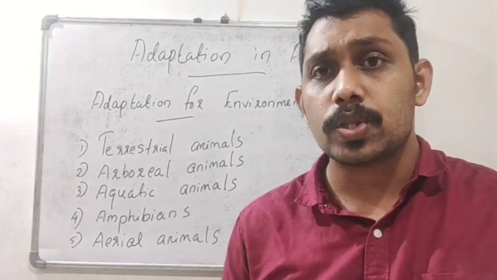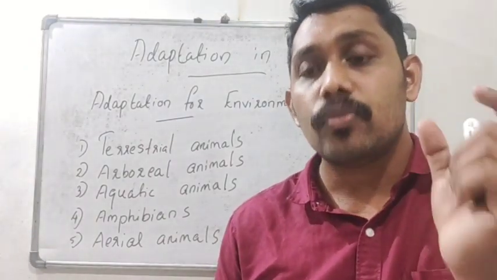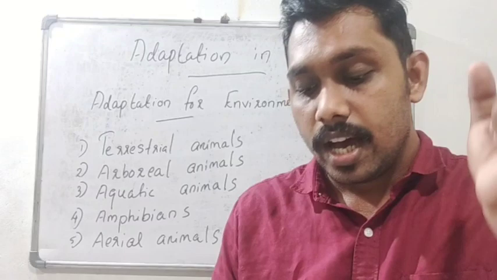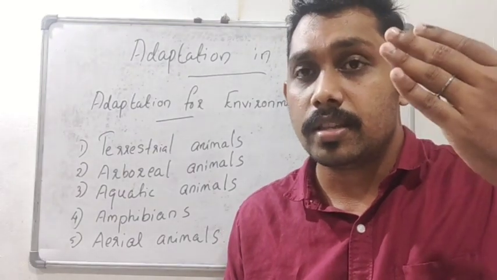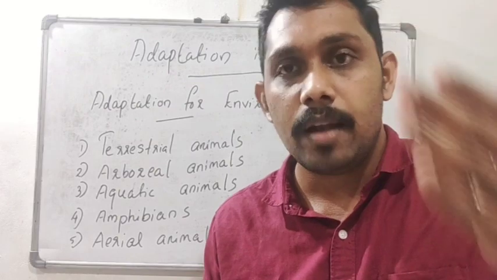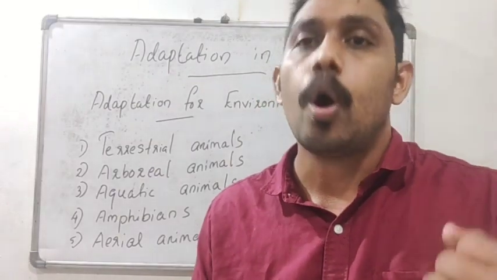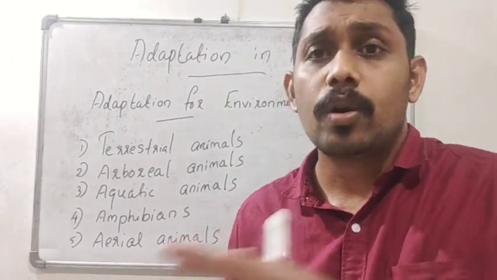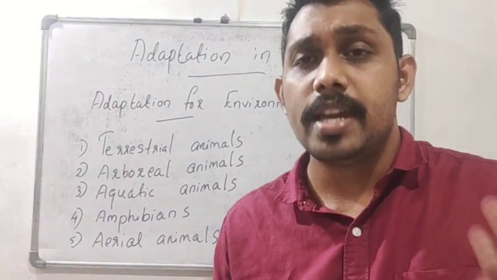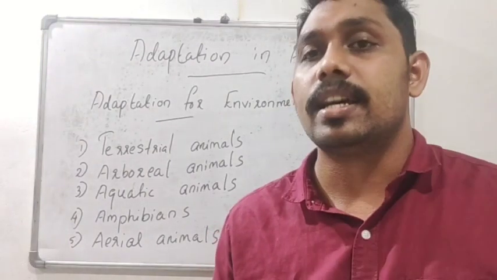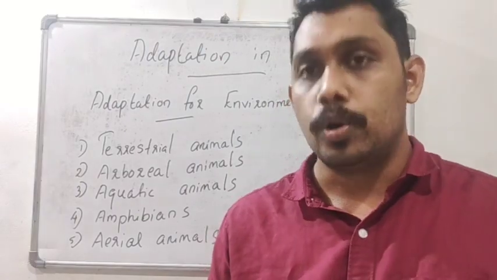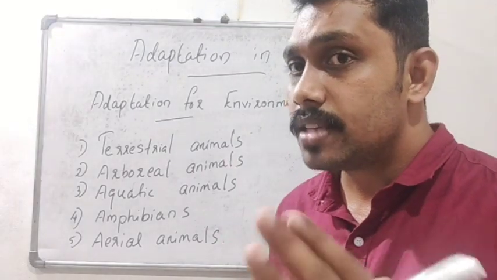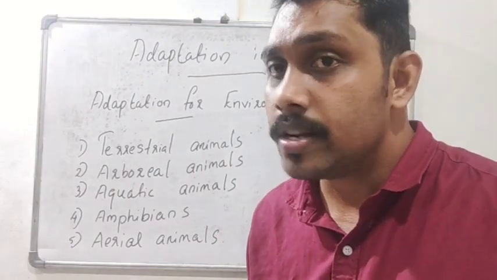They have thick fur, that means their skin is very thick and fur-like. It is very cold in the polar region, so the bear has thick fur-like skin which helps to keep them warm. And terrestrial animals have legs which help them to run, walk, etc.